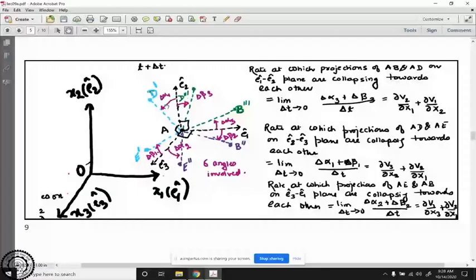Looking at the symbols here, that is this limit with delta alpha 1 and delta beta 1. And you can show that that will turn out to involve velocity components 3 and 2, and derivatives, I think I made a mistake here. It should be del v2 del x3. I'll correct this.